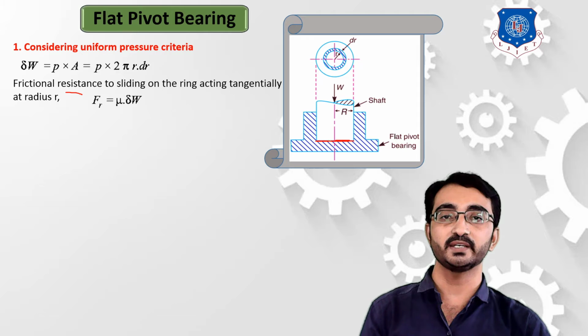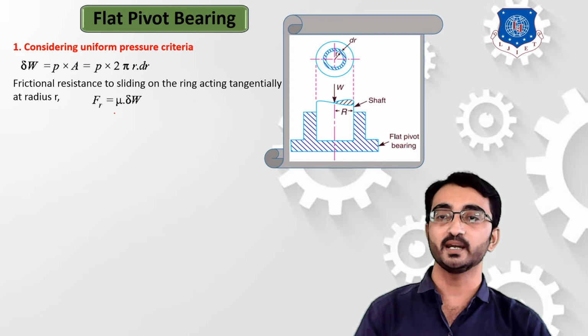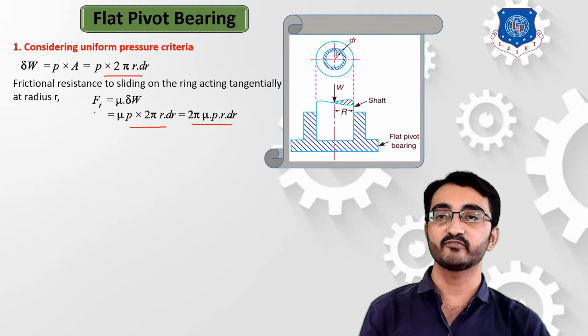Over here we can simply write the equation of friction, that is Fr is equal to mu into W, because the simple equation of friction is always frictional resistance equal to mu into W. Here we are considering a small segment, so we put dW. Now we can put the value of dW from this equation, so the next term will be mu into P 2 pi r dr. From this equation we can simplify it to 2 pi mu P r dr. Now this is the equation for frictional resistance.